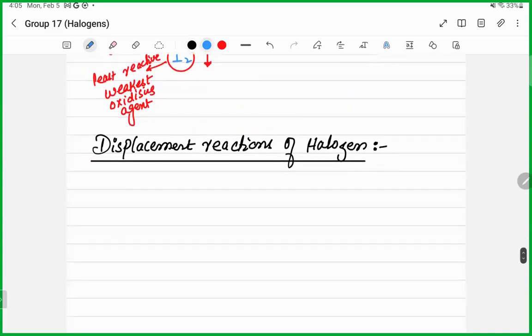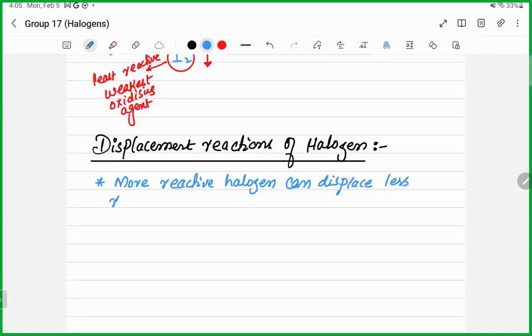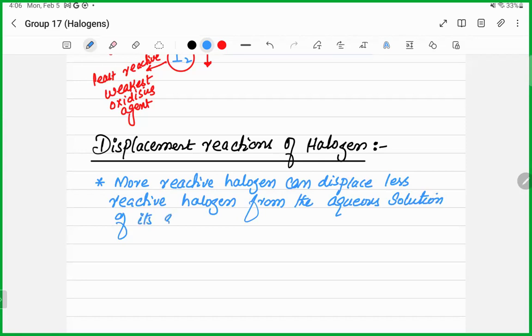Similar reaction है, जैसे metal displacement में क्या होता है, more reactive metal can displace a less reactive metal. इसी तरह यहाँ statement होगा, more reactive halogen can displace less reactive halogen from the aqueous solution of its salt. ठीक है? From the aqueous solution of its salt.